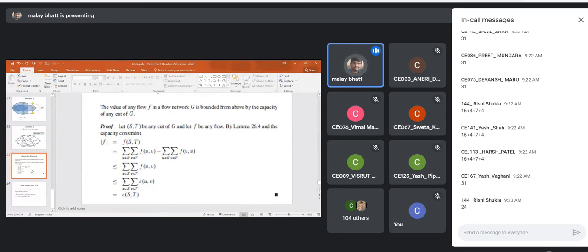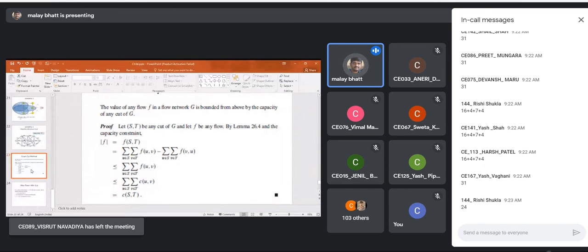Now we have this equation: sigma u belongs to S, sigma v belongs to T, f of u,v, minus sigma u belongs to S, sigma v belongs to T, f of v,u. Now if you remove the inflow from it, we have a less than or equal to relation.